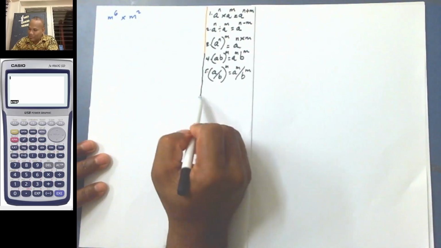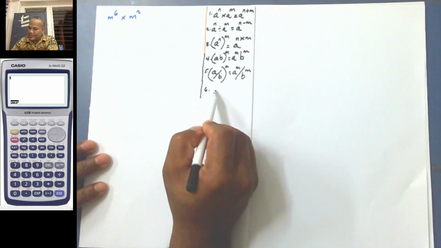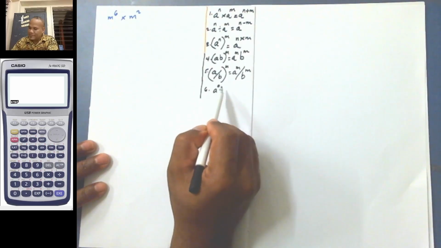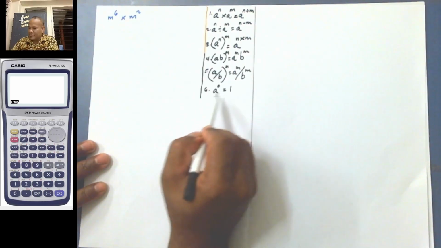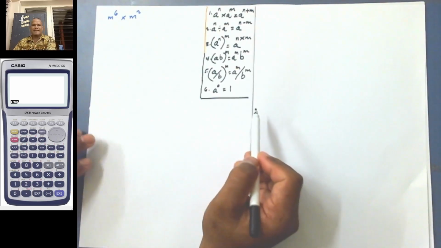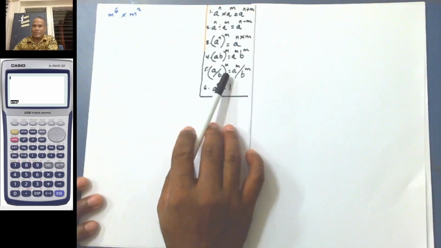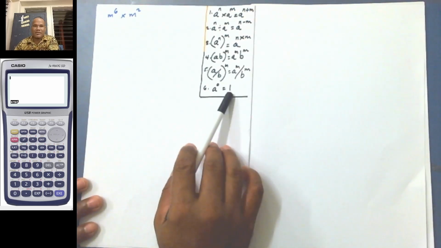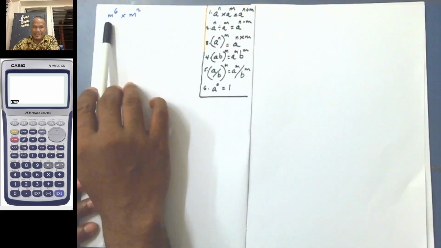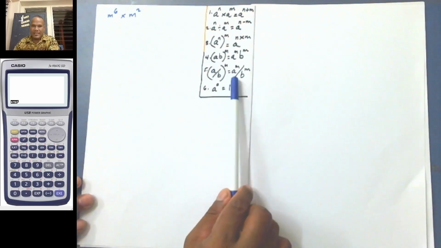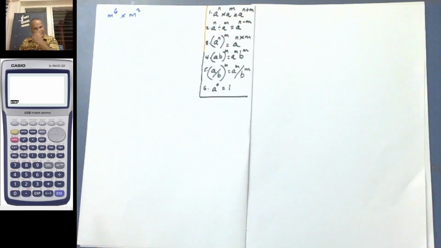And the last law says a to the power of 0 is equal to 1. These are some fundamental laws that we will use whenever we come across any expression that has a base and an index. Now, let's use these in answering this question.